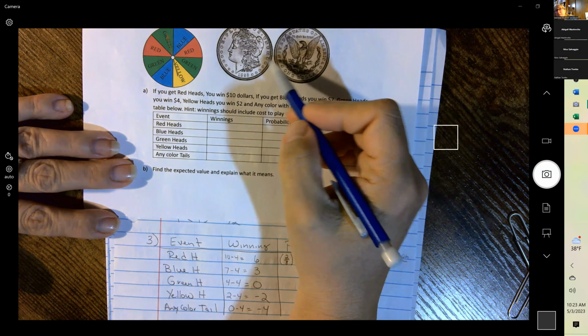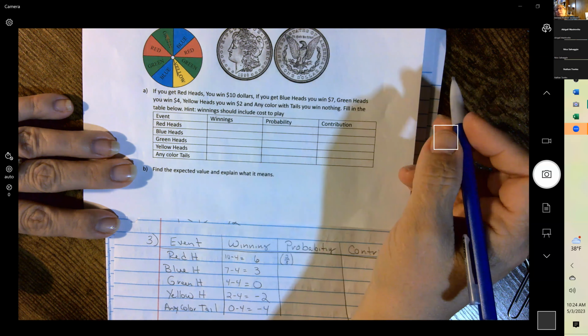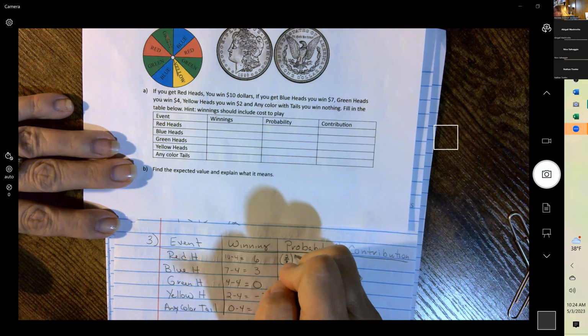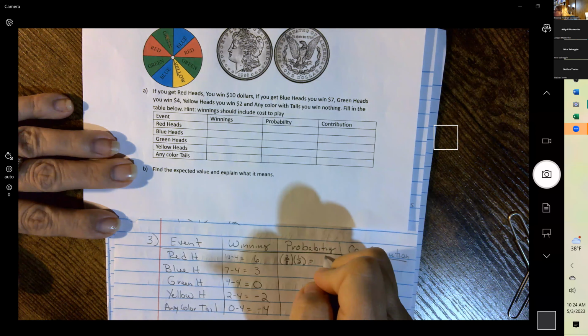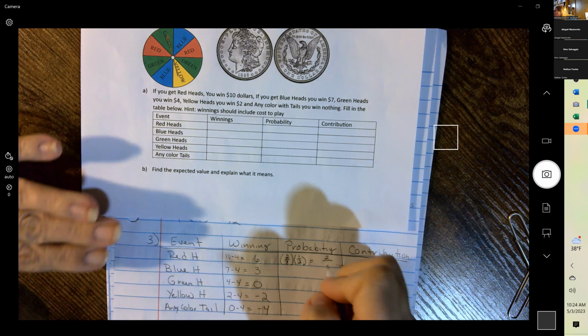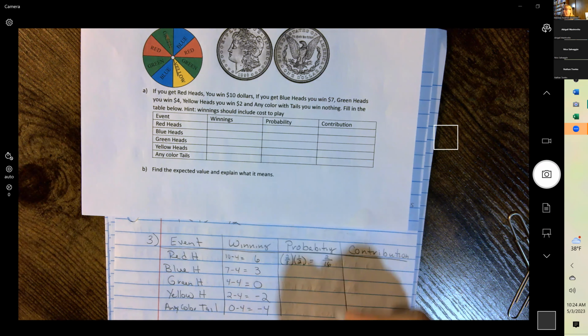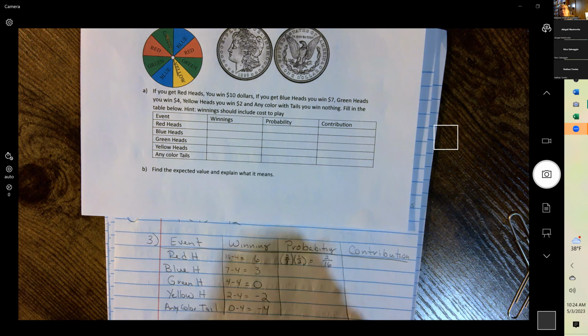What's the probability of tossing a heads? 1/2. Multiplying them together. Now I'm not going to reduce because when I add up, they should add up to 1. So it's just a way of double checking. But you could have reduced and got 1/8.